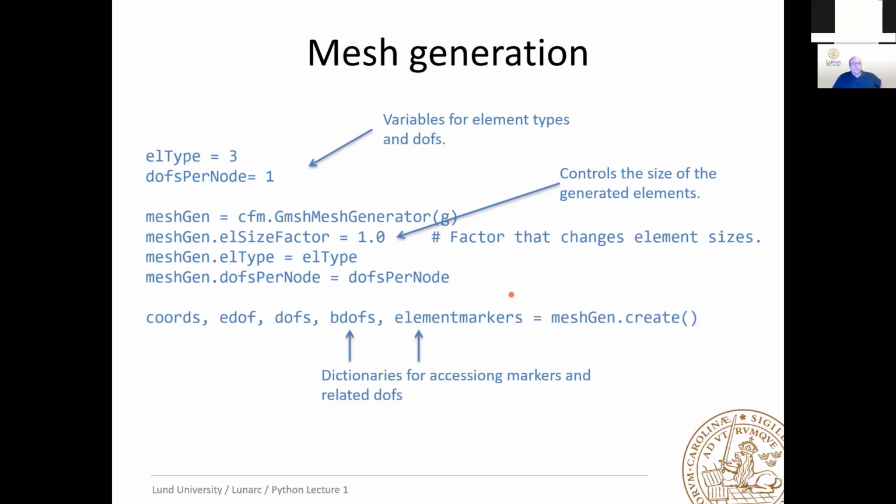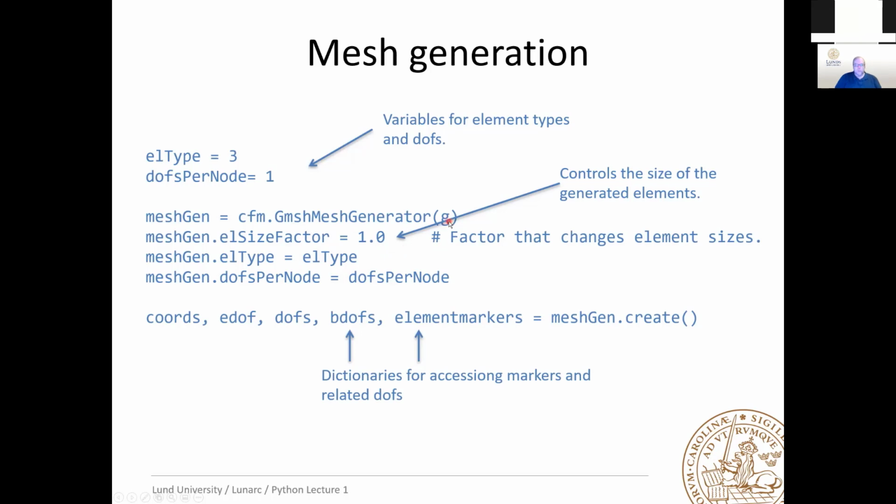So next step, we will do a mesh generation. And here you do element type equals to 3. That is the element type we want to use, and I think that is a quadrilateral element. And then we have the element size factor, a variable that determines how large elements we want to generate.